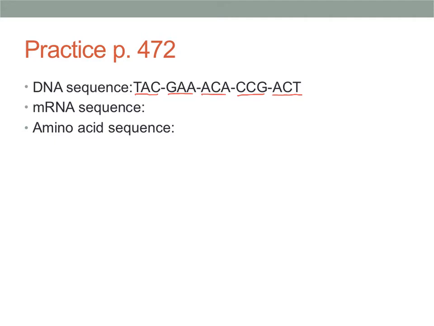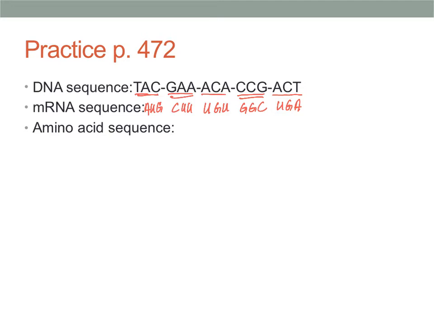During transcription, the messenger RNA sequence would be AUG coming from here, and it would be CUU from here, UGU from here, GGC from this one, and UGA. So those would be the codons on the messenger RNA sequence.